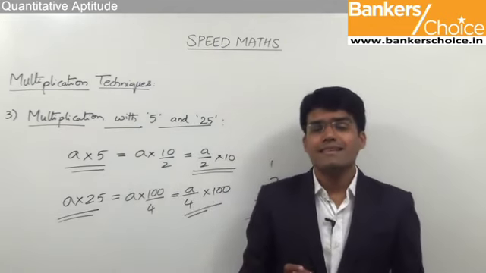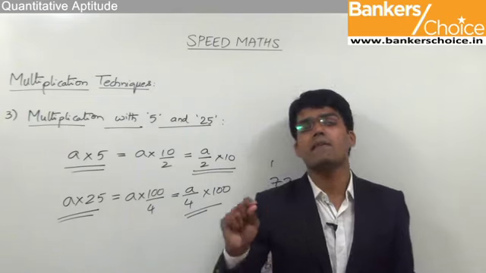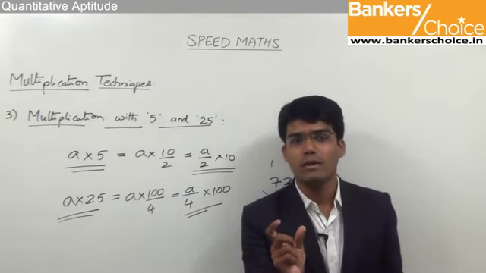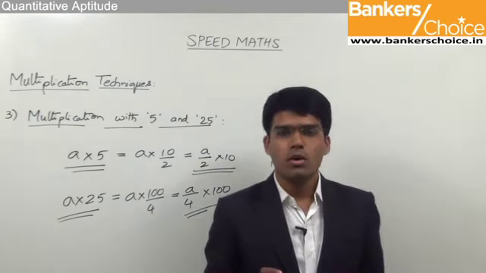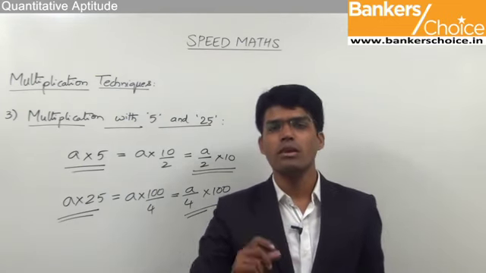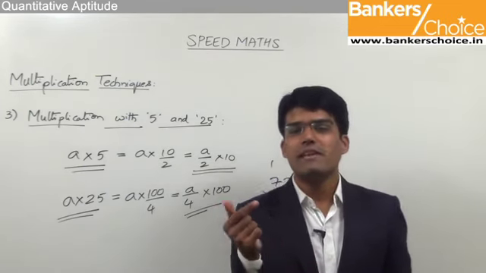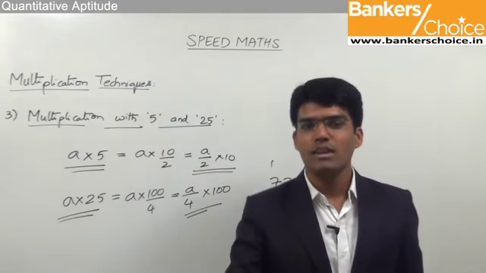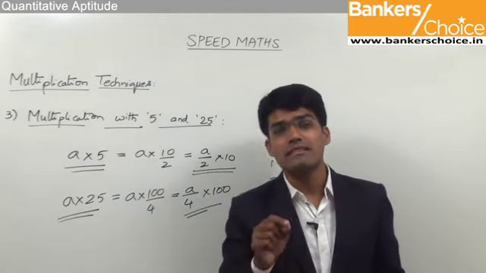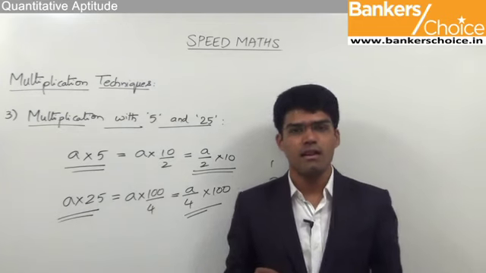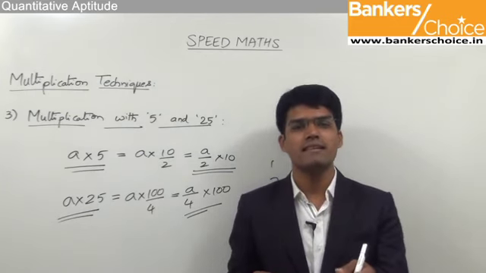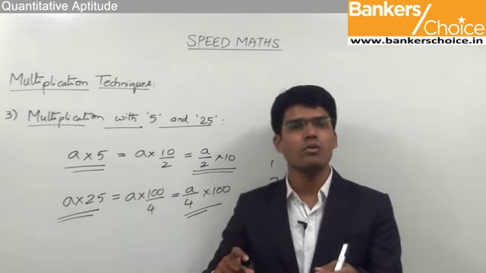Or otherwise, let's say we have to multiply 77 with 25. Now that's a little difficult one. 77 into 25. The whole concept here is 77 by 4 into 100. Now what is 77 by 4? If you are smart, you can say that 77 by 4 is 19.25. Because 76 by 4 is 19, extra we have 1. 1 by 4 is 0.25.